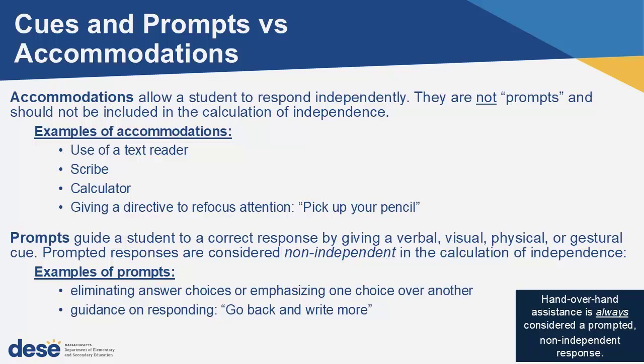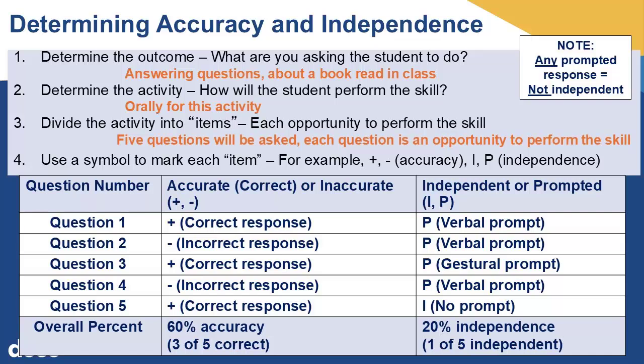At the end of the day, you can go back. The accuracy is easy to figure out, which one's right or wrong. But when you see the green dot, it's like, oh yeah, okay, they were prompted. That way you can calculate the accuracy and the independence and not have to try to remember at the end of your busy day. So here's an example.